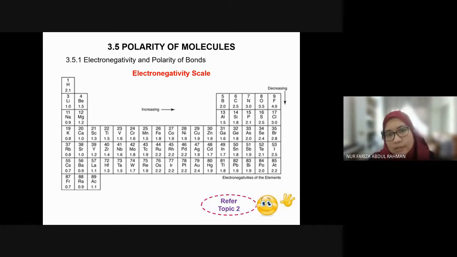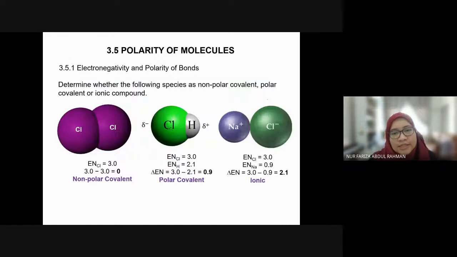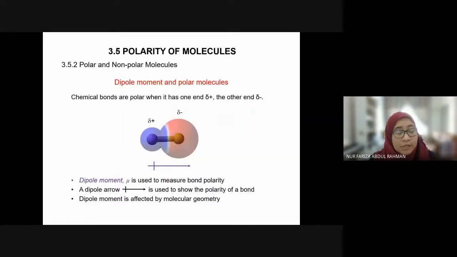Okay, so for the polarity, the most important thing is you have to have the dipole moment. The arrow, this is what we call dipole moment. So it shows the direction of the unequal sharing of the electron. So dia dipole, di means dua, pole means kutub. Bila the unequal sharing, the dipole will be formed.